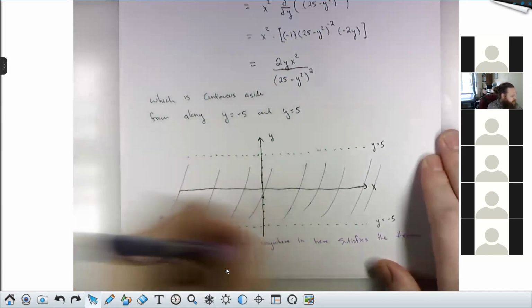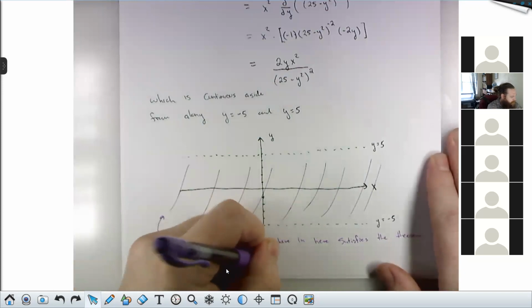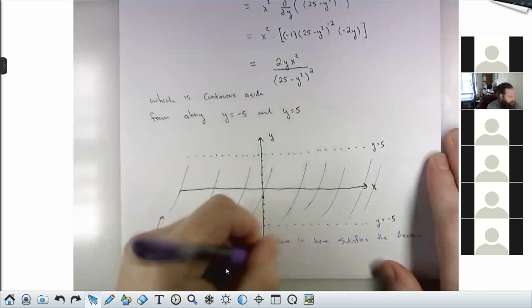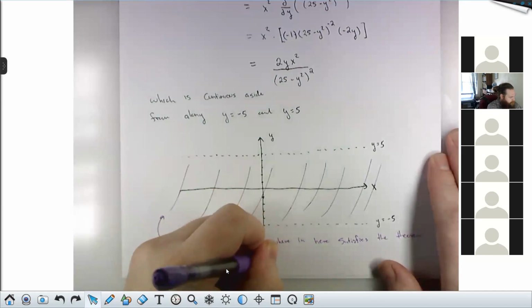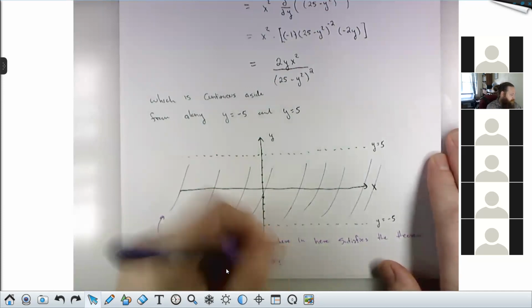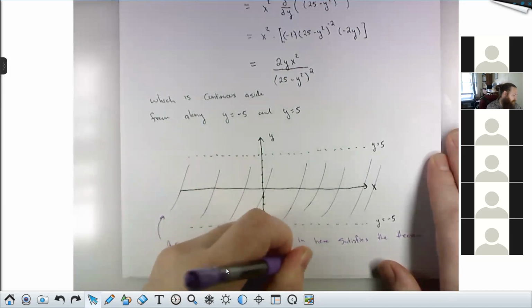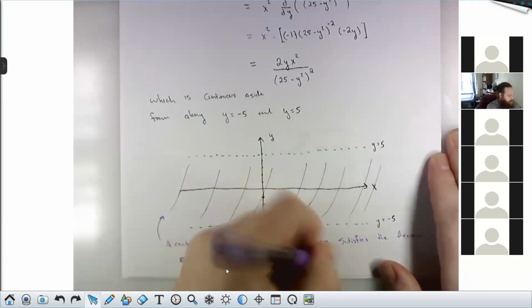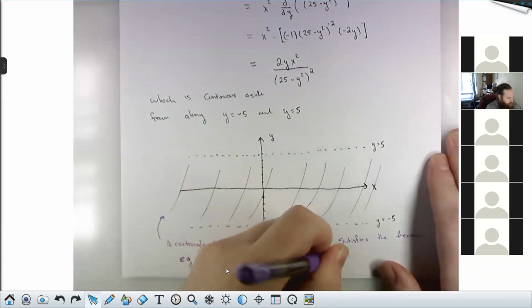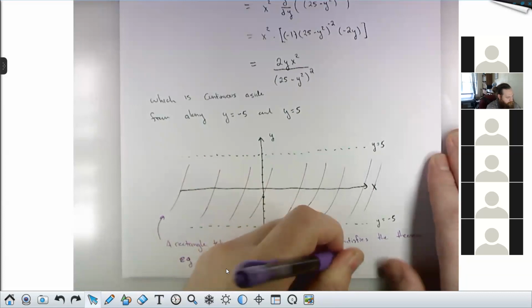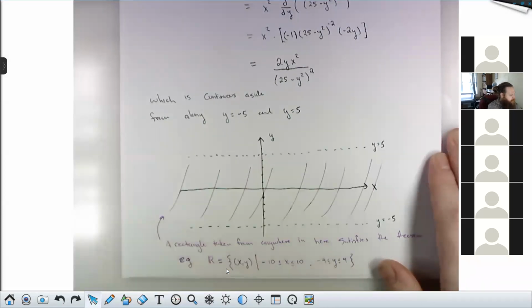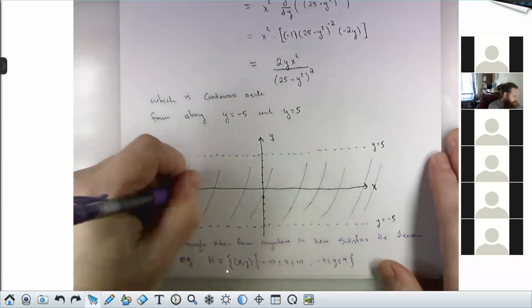We'll say -10 is less than or equal to x is less than or equal to 10, and -4 is less than or equal to y is less than or equal to 4. So that would be like here.